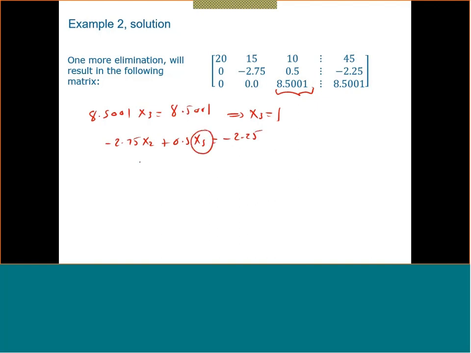Since x3 is 1, minus 2.75 x2 equals minus 2.25 minus 0.5 times 1, which makes x2 also equal to 1, and you will find that x1 is also equal to 1. This is the exact answer. So by doing the partial pivoting, we were able to find the correct answer to this problem.